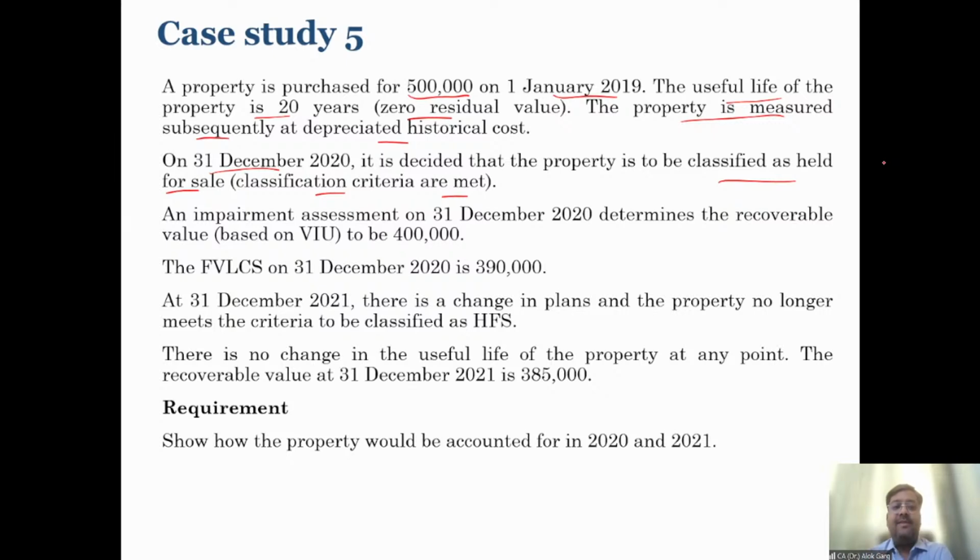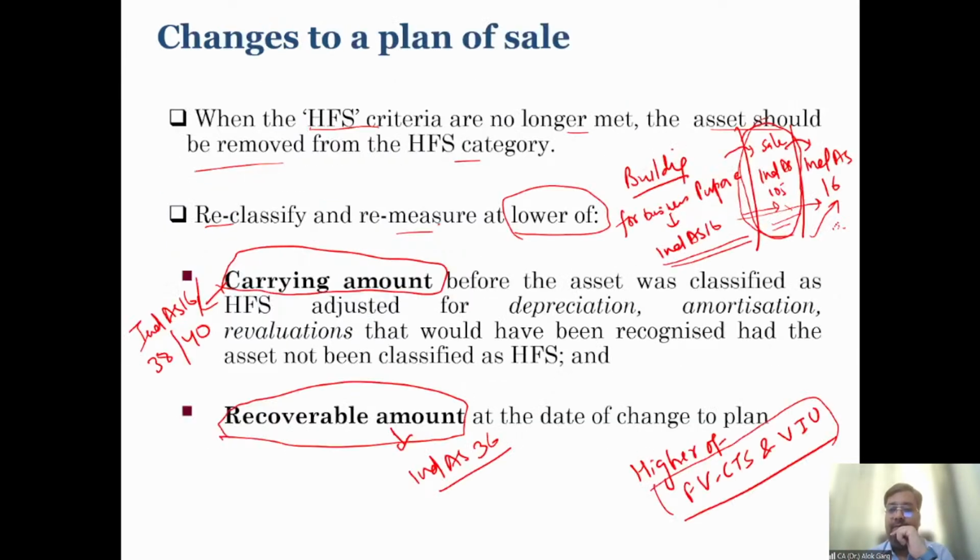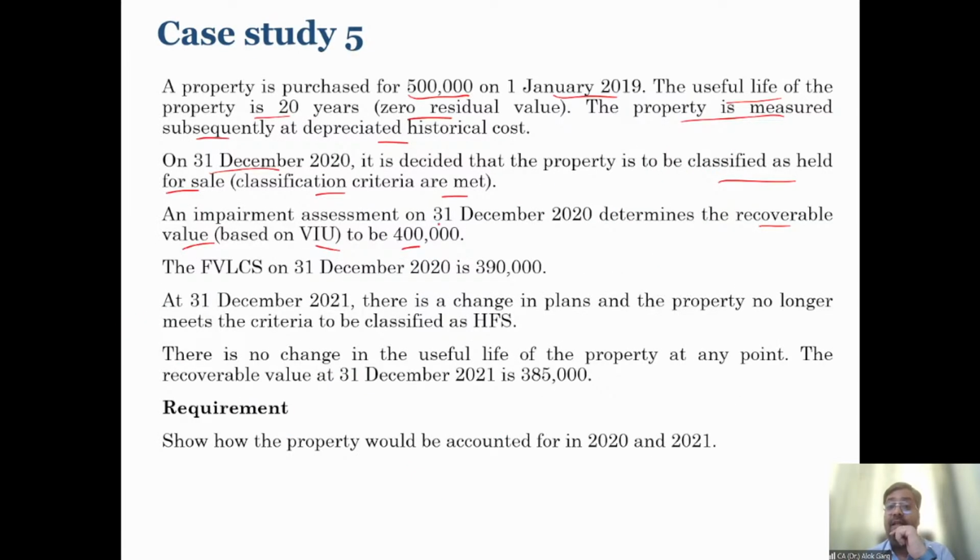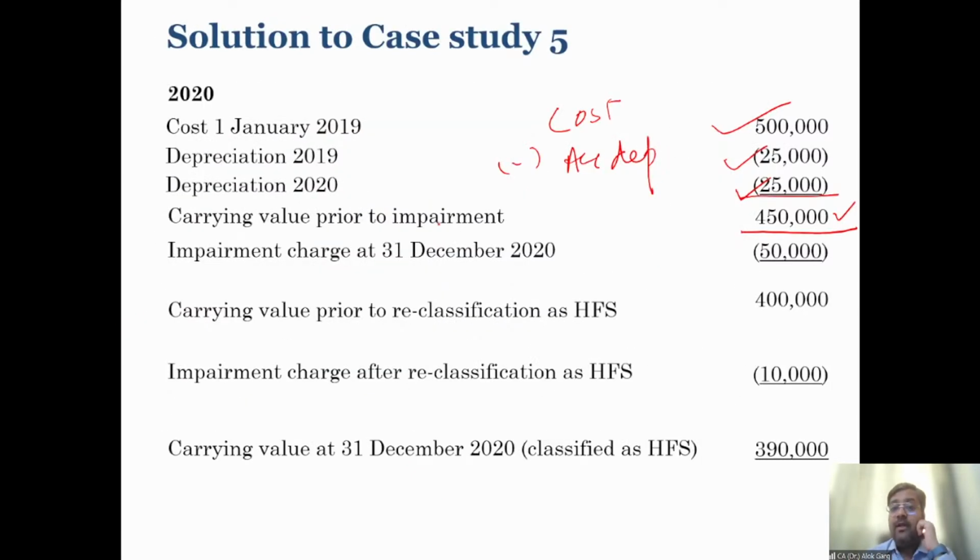In the third paragraph, it is written that an impairment assessment on 31st December 20 determines the recoverable value based on value in use to be rupees 4 lakh. It is not 4 lakh 50, it is 4 lakh. It means there is an impairment element also. So your carrying value prior to reclassification as HFS will be 4 lakh rupees, because the recoverable value is 4 lakh rupees.